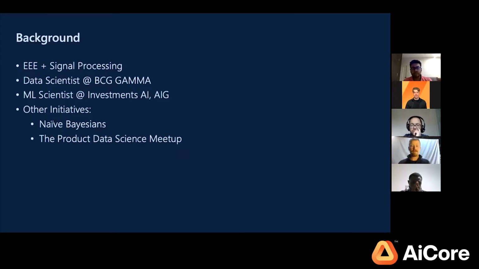I was lucky enough to get my first job at a consulting firm called BCG Gamma. BCG is a management consulting firm, and Gamma is the advanced analytics unit of this firm. I joined BCG in 2017, and I was there till last year actually, so for about 3.5 years.